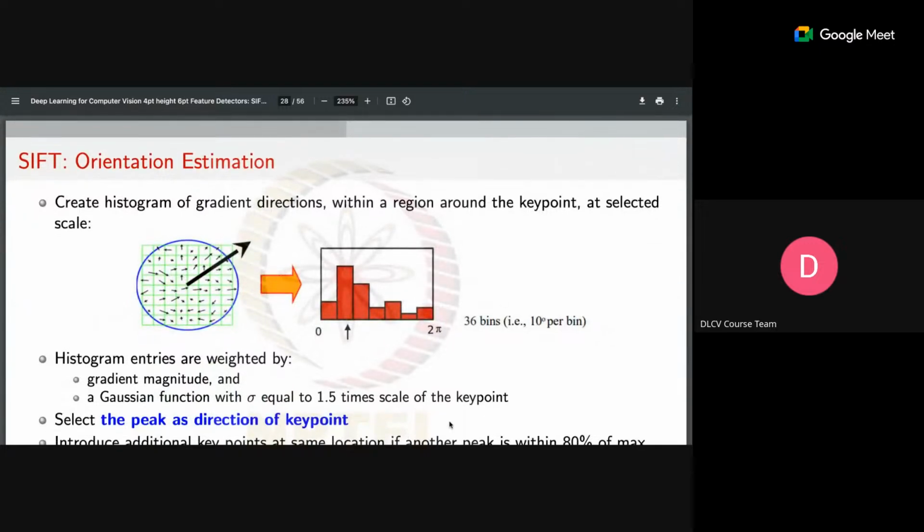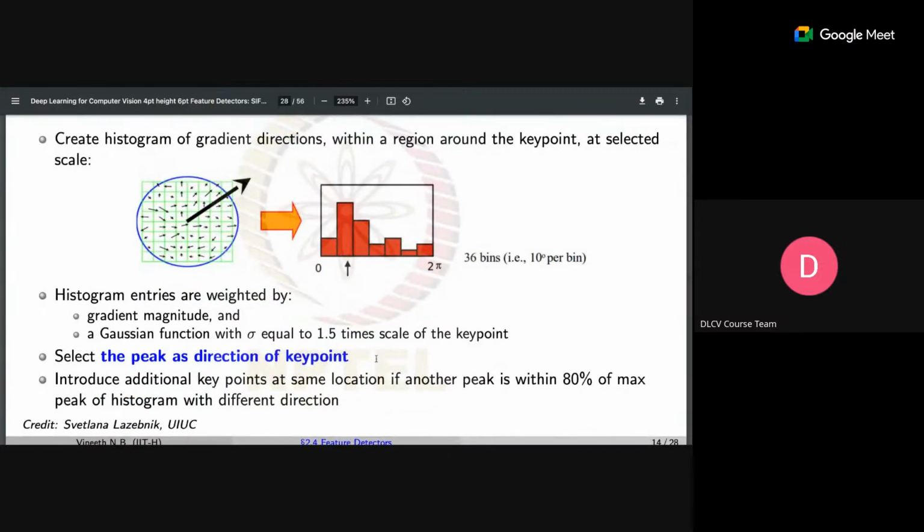I think the region is defined by this 1.5 times the scale of the key point, right? Because you are applying a Gaussian filter over your image.